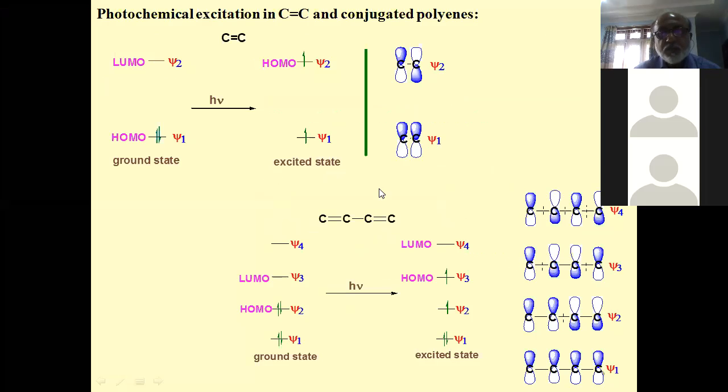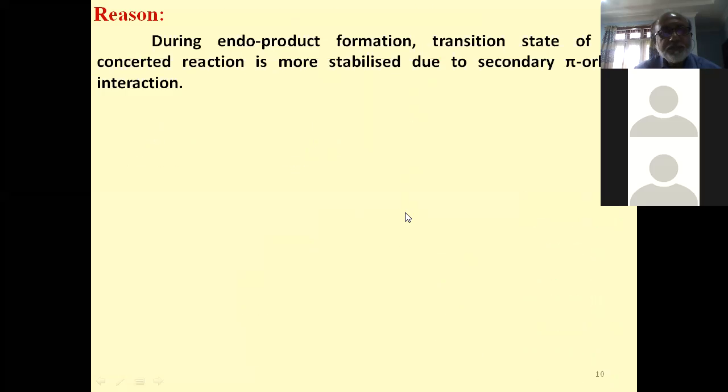But when we come to a simple alkene, the ground state is psi1 and psi2. HOMO is psi1 in the ground state, that means under thermal condition. But in the excited state, HOMO is psi2. Psi1 is without any node, psi2 is with one node. So that will be antisymmetric here, and this is symmetric here.